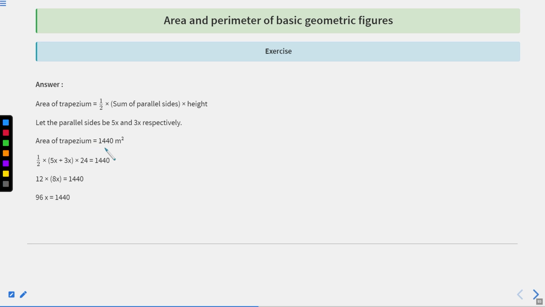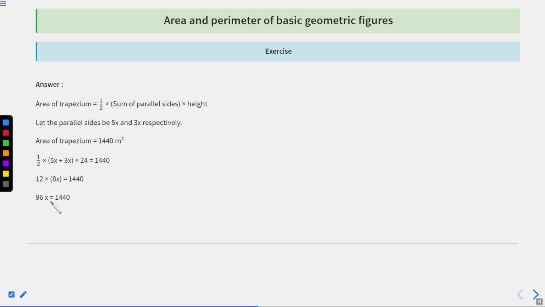So the area of trapezium is 1440 meters square. Now let us substitute all the values in the area formula. So it is half into (5x plus 3x) into 24 equal to 1440. This will be 12 times 8x equal to 1440.